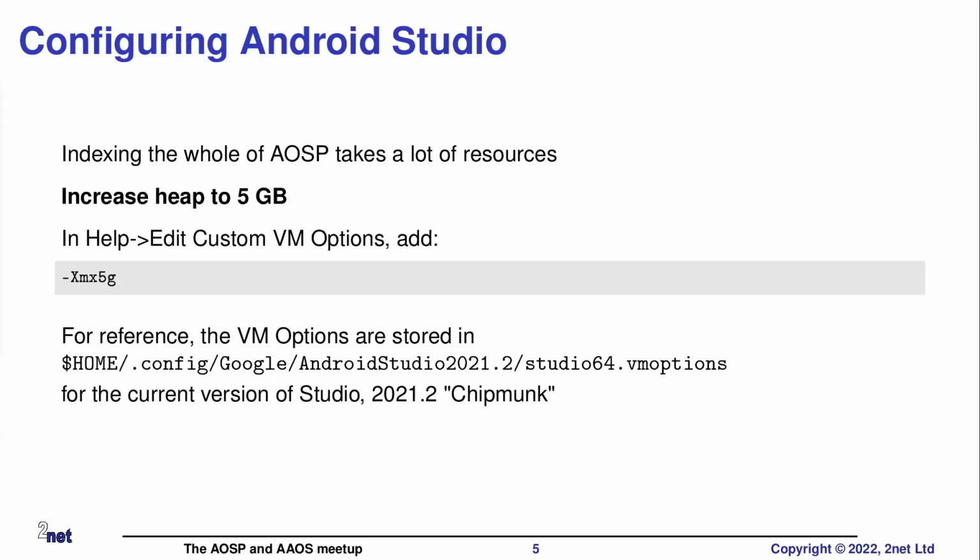You can either do this through Android Studio, by going to Help, Edit Custom VM Options, and putting this text into the file there, or you can just hack it in directly. The file in question is this one down here. Notice that the path name contains the Studio version. So this is the version for the latest one, which is called Chipmunk, released a couple of days ago, which is 2021.2 for whatever reason.